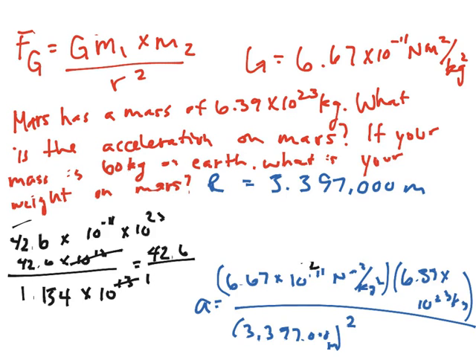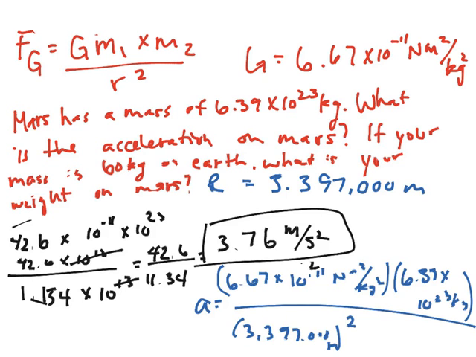I'm basically just moving the decimal over. So 11.34, because I just multiplied that by 10, and this is equal to 3.76 meters per second squared. So that's the acceleration on Mars.